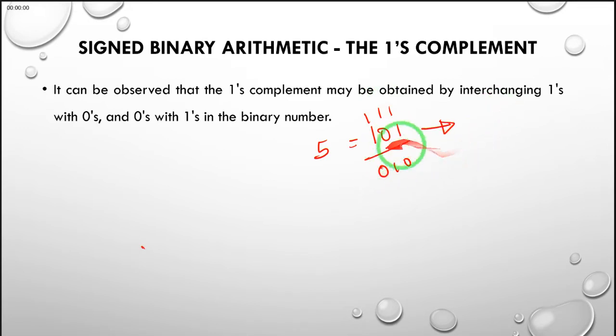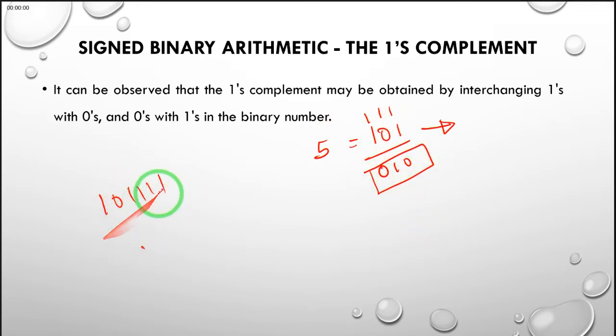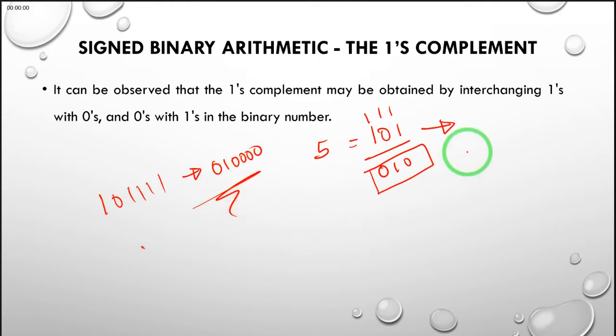This is equivalent to interchanging each digit: a 1 becomes 0, and a 0 becomes 1. So the simplest way of performing 1's complement is, if you are given 10111, every 1 becomes a 0 and every 0 becomes a 1. This would become 01000. That is another very important idea regarding 1's complement.